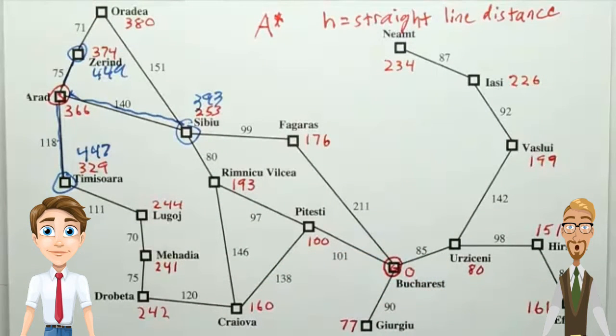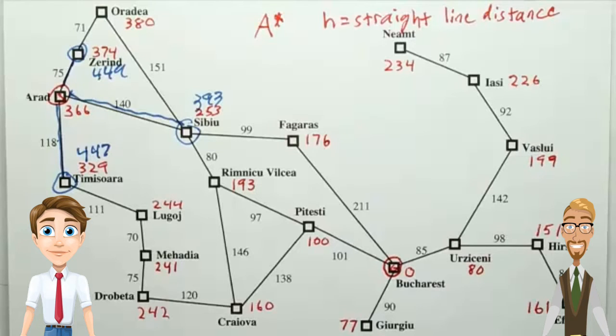The distance from Arad to Zerind is 75. The distance from Arad to Sibiu is 140. The distance from Arad to Timisoara is 118. The estimated distance from Zerind to the goal is 374. The estimated distance from Sibiu to the goal is 253. The estimated distance from Timisoara to the goal is 329.